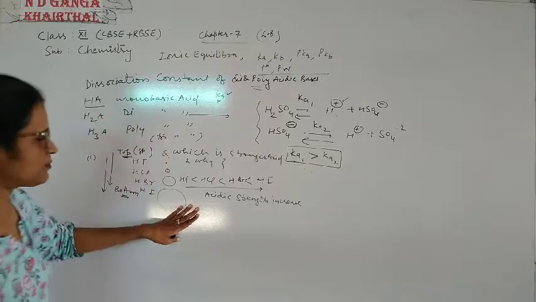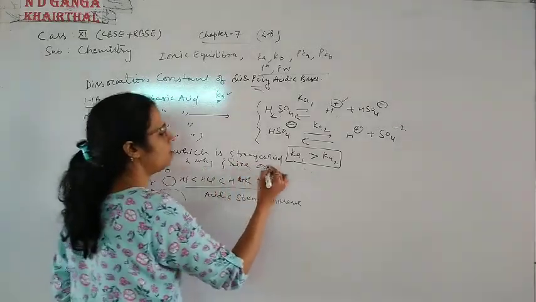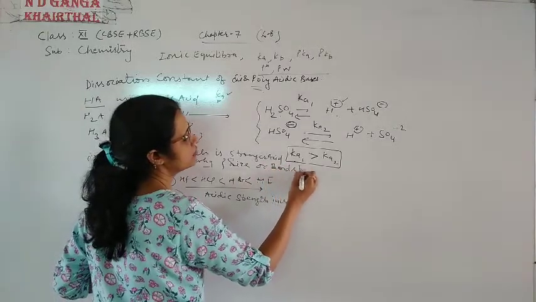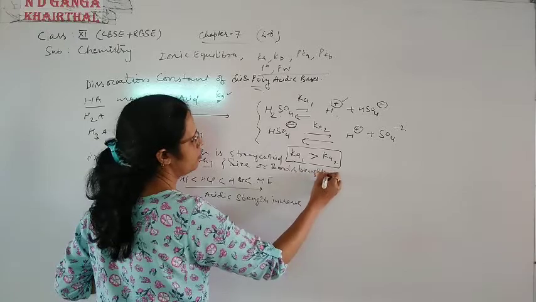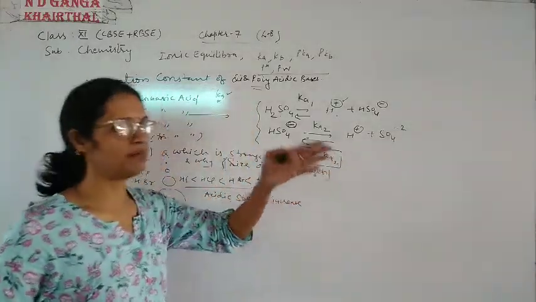We explain this by the size or bond strength. As we move from top to bottom, size increases, so the bond strength becomes less.